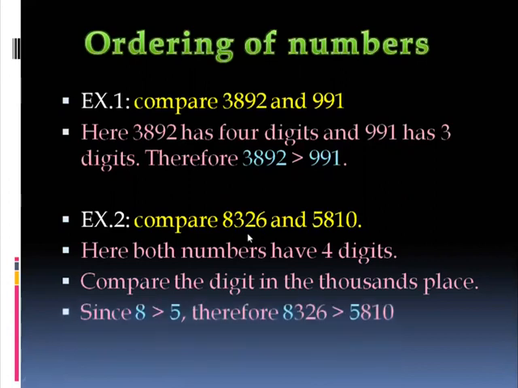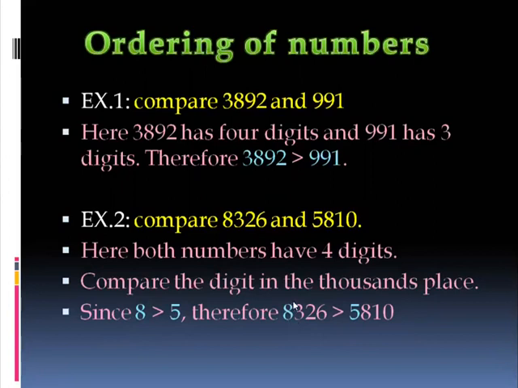So 8326 is larger than 5810, right? It is bigger than 5810 because here 8 is bigger than 5. Okay, this is the bigger sign. 8 is bigger than 5.